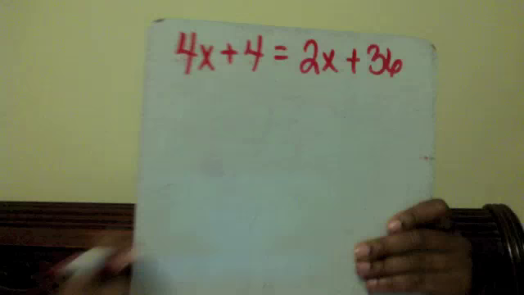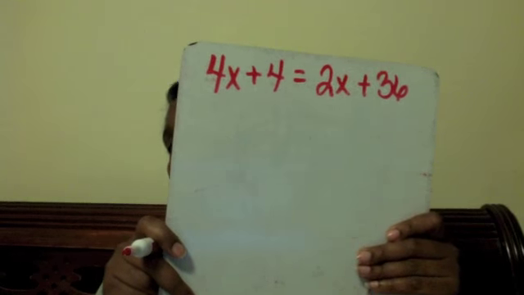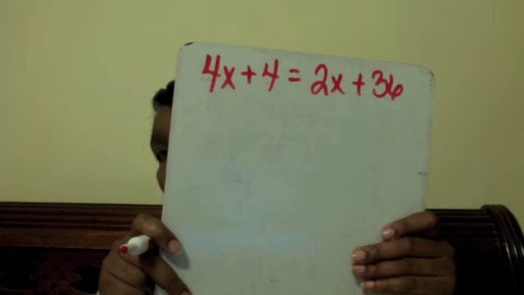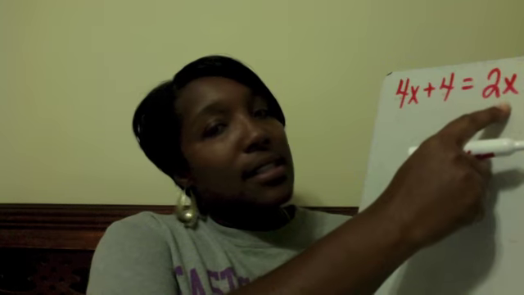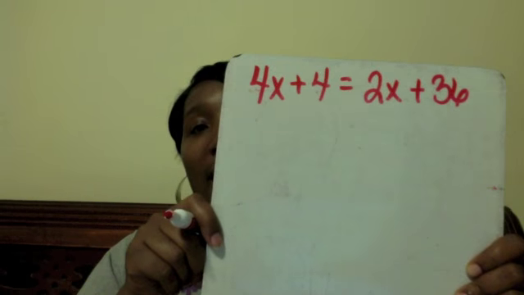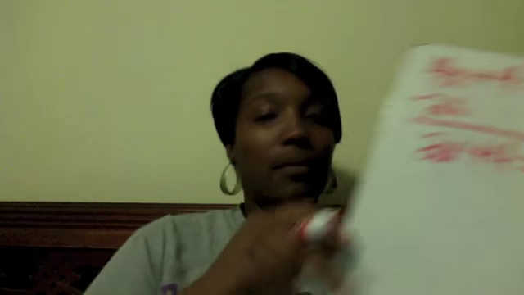Okay, here's our next problem. I'm going to be consistent, and I'm going to start with this side, and I'm going to subtract 2x from both sides. Regardless of the way that you decide to do it, you need to be consistent in what you're doing.